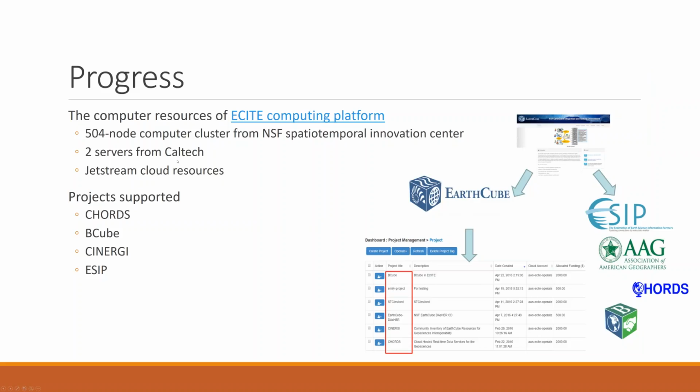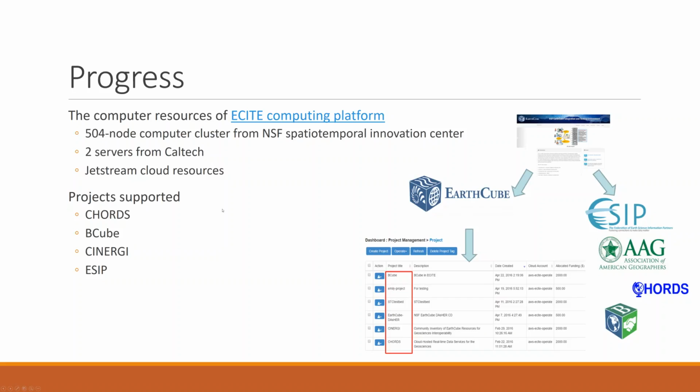So currently we have Jetstream, which is an NSF-funded effort, with cloud resources integrated, and also the hybrid cloud computing environment from George Mason, about a 500-core computing cluster from the NSF Spatiotemporal Innovation Center. And also we have several servers being tested at Caltech being added to this effort.